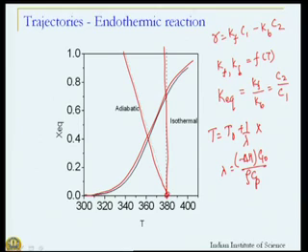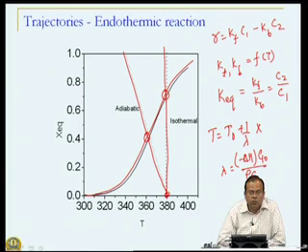So, what happens here? If I carry out this isothermally at this particular temperature, my equilibrium conversion will be high and temperature is also high, whereas for an adiabatic process my equilibrium conversion is low and temperatures are also low, because in an adiabatic endothermic reaction energy will be removed from the system. So, temperatures will be lower.